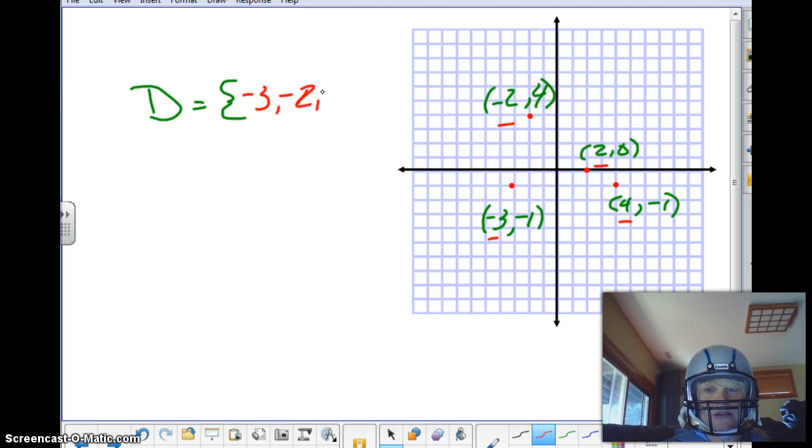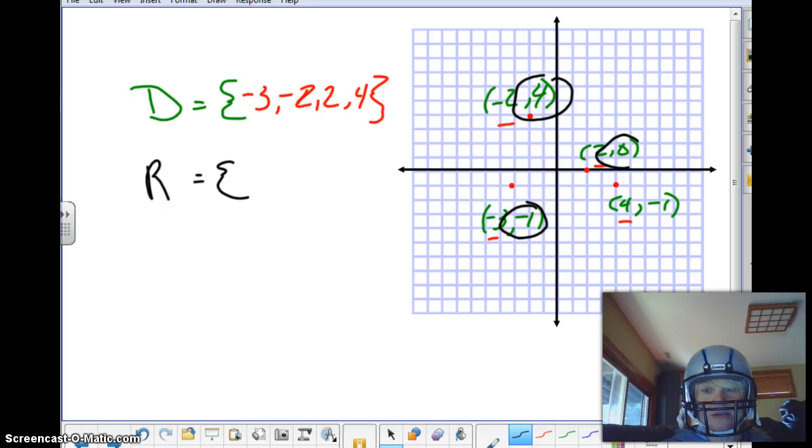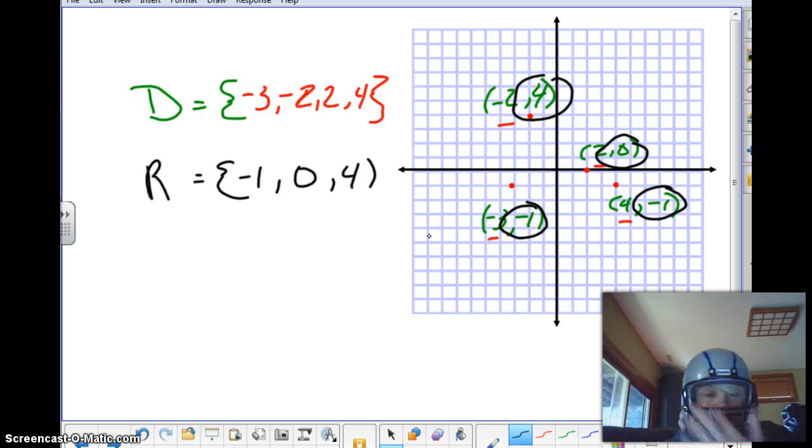That's my domain. Then the same thing for the range. We're going to have -1, 4, 0, and -1. And we don't have to list the -1 twice. We can just list it once. -1, 0, and 4. So we have our domain and we have our range.